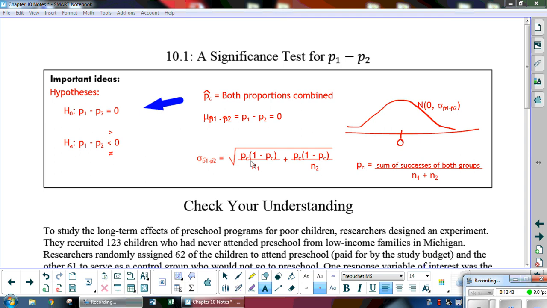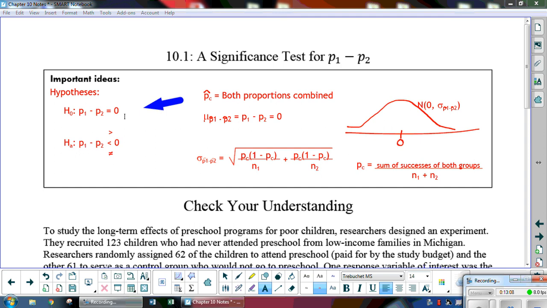It's the same general formulas, you're just combining everything together, because since our null hypothesis is 0, you're going to treat both groups, at least for the standard deviation, as one big survey of stuff. So give it a shot, try out some problems.